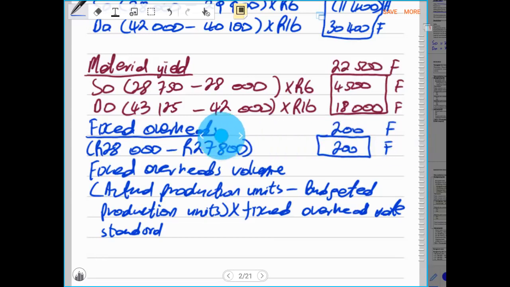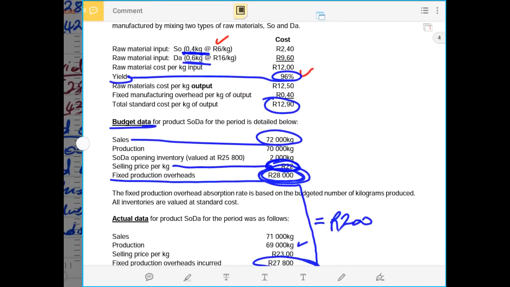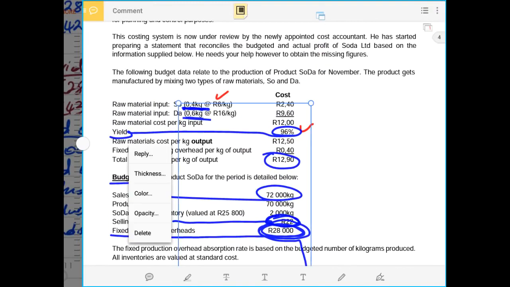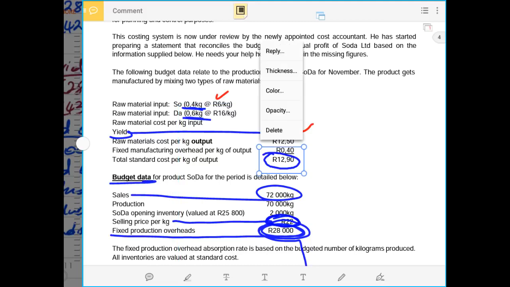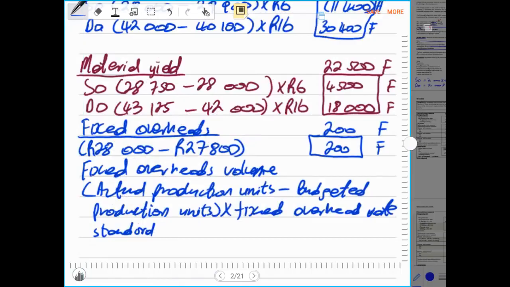If you remember, our standard fixed overhead rate was given to us as 40 cents, and I calculated how we got to that rate. It was based on the number of kilograms produced. So hence now we take our budgeted, we compare that with our actual production, and we multiply this by the standard fixed overhead rate.